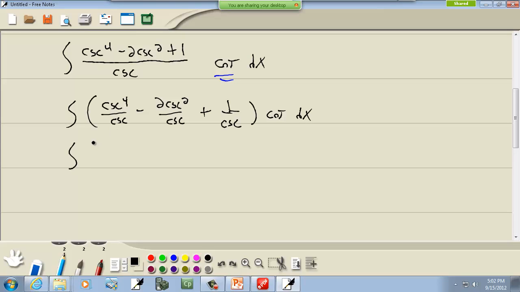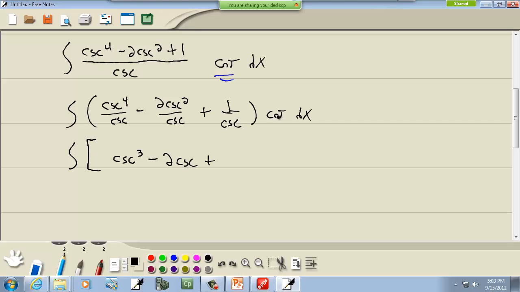Now if you got cosecant to the 4th over cosecant, this is like the first power. 4 minus 1 is 3. So this gives us cosecant to the 3rd, and this is 2 minus 1. That gives us just a cosecant. And this one I can take up on top if I wanted to, and this would be cosecant to the negative 1 power.